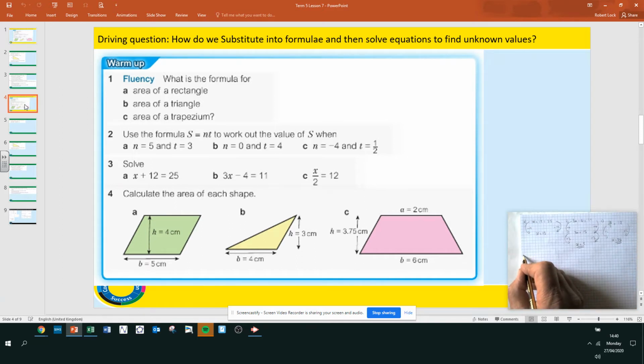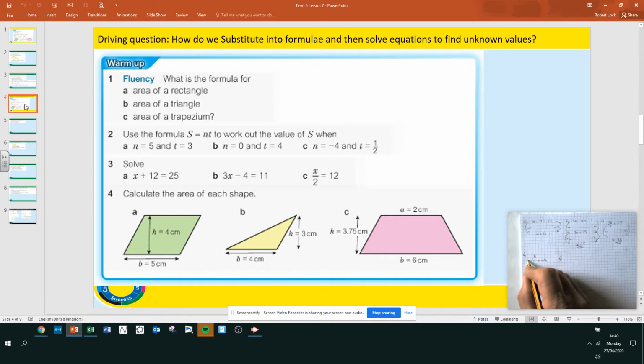Question 4. As I said before, for the area of a parallelogram, we've got 5, area equals base times perpendicular height. So A equals 5 times the perpendicular height, which is 4. So area equals 20 centimeters squared.